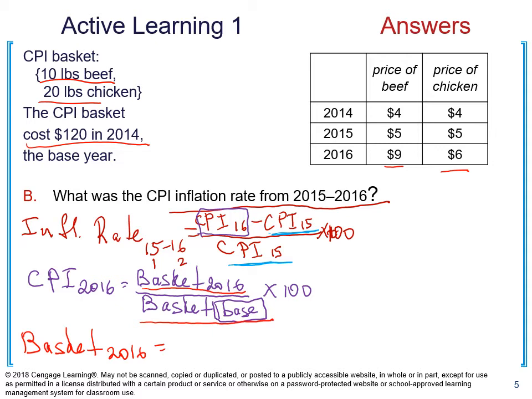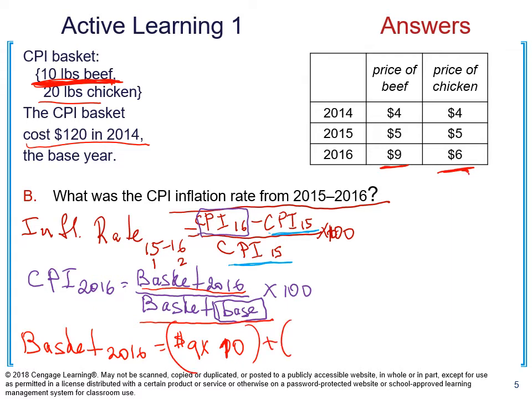The price of beef, remember, very simple example, very simple economy, so it's easy for us to calculate and analyze. So the price of beef is $9. The typical consumer bought 10 pounds of beef in that year, so that's my 10.